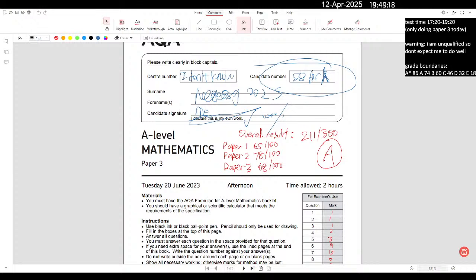I haven't really seen what the questions look like, so I'll give it a try. I think I'll make a video on that as well, just comparing the Edexcel paper to the AQA one.